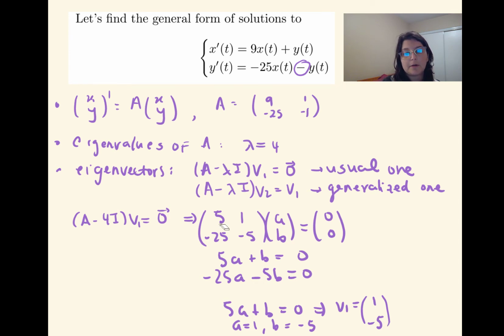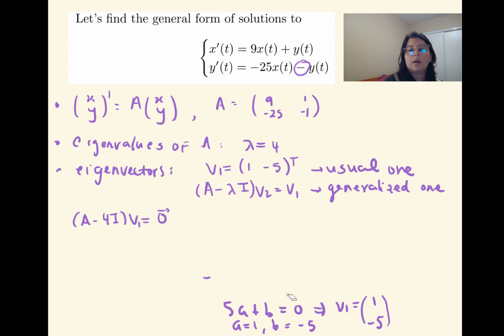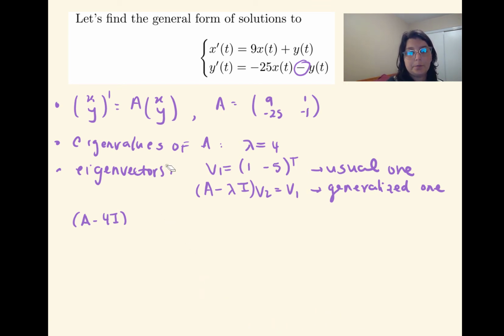Now that we have found v1, we can find v2. So let me do v1 equals (1, minus 5) transpose, meaning that we take it as a column vector. Then to find v2, we want to solve the system (A minus 4I) times v2 equals v1.